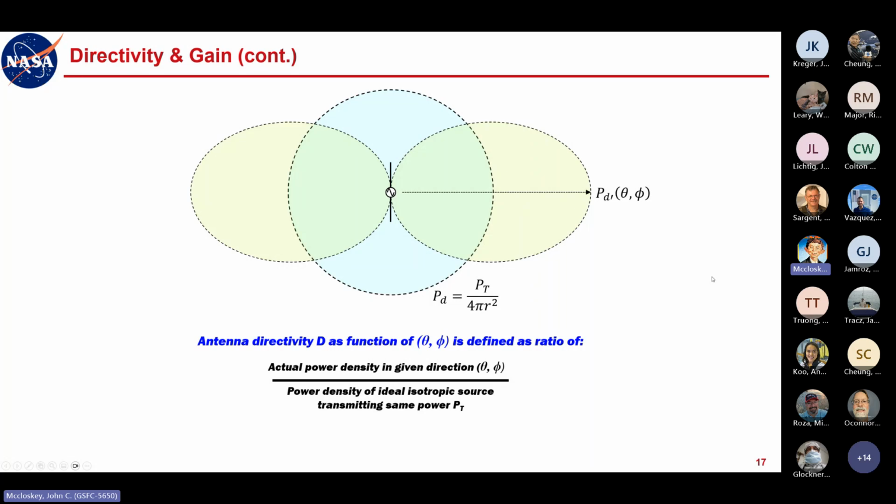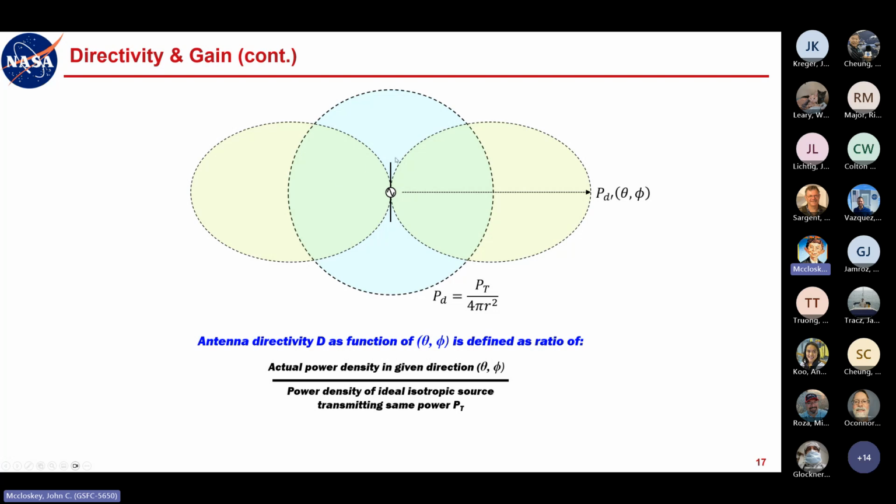So directivity is a function of direction. My apologies, on the original charts I took these from, I had more of a context for these directions here. But theta is the angle from the axis of the antenna, and then phi is in the direction coming out of the page. If you think of the third dimension, it would be wrapping in a circle around this.